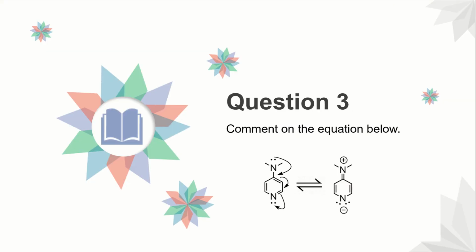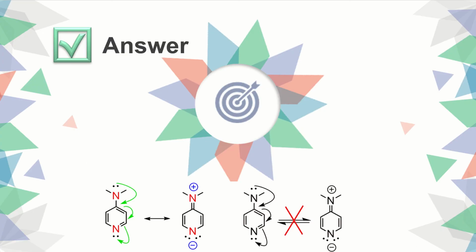So that leads us to question 3. Please comment on the equation shown below. Is it looking good? Are there any issues? Do you have any issues with it? If you said, yeah, something is definitely wrong with it, then you would have been correct.